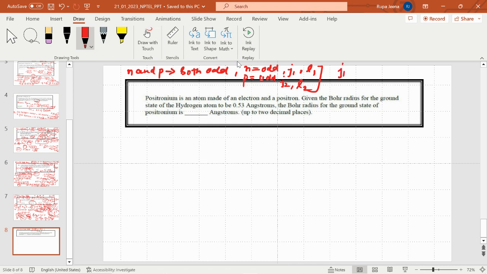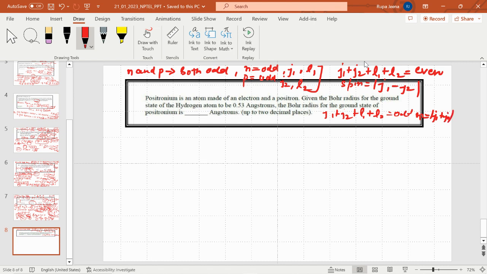Then what you have to do? Add J1 plus J2 plus L1 plus L2. If it is coming even, then spin will be J1 minus J2. And if it is coming odd, then spin will be J1 plus J2, right?